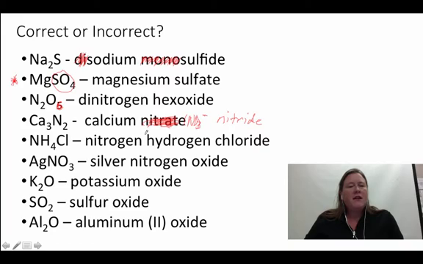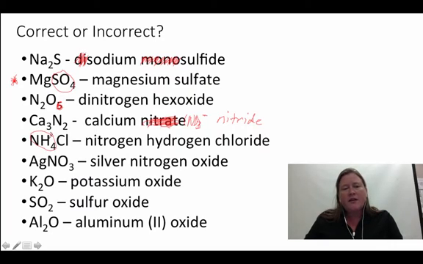Okay, looking at the next one, we have NH4Cl. So we've got more than 3 elements, so it's not going to use prefixes, and yep, I see it's not using prefixes. So there's probably a polyatomic ion in here. Now this first element is not a metal, and I remember that sometimes the first part of an ionic compound is NH4.